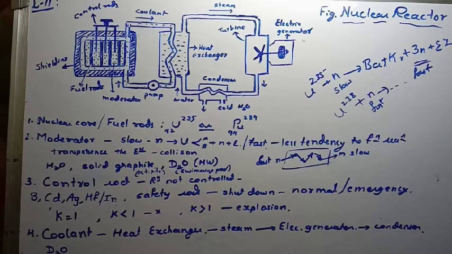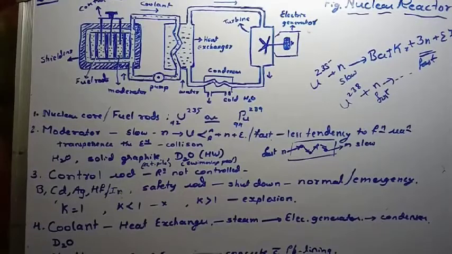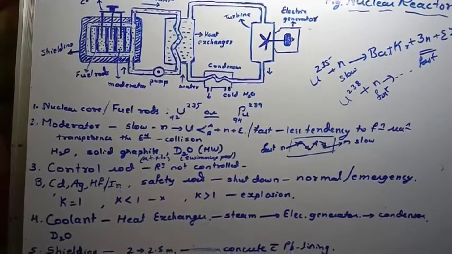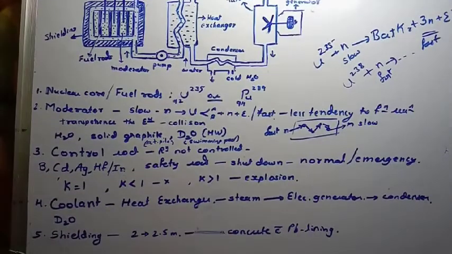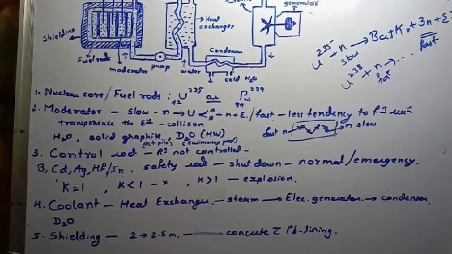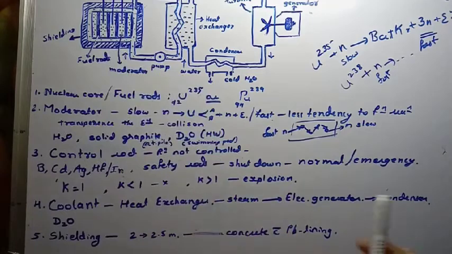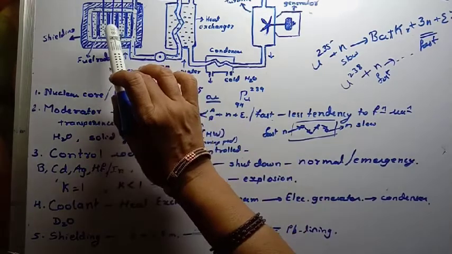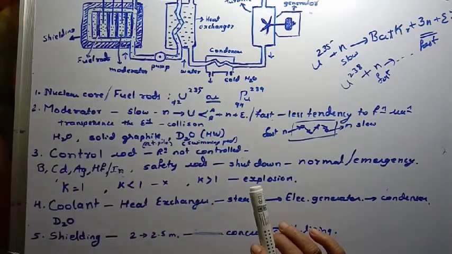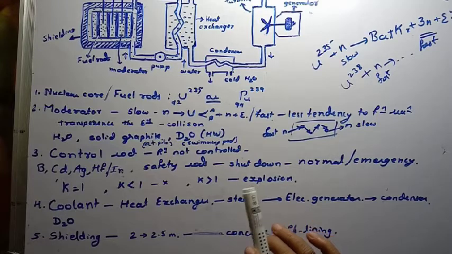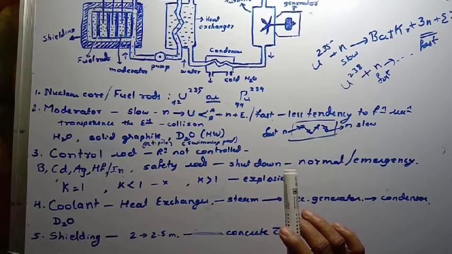Okay, so the last one is very important, it is shielding. Shielding is the one which protects the environment from hazardous radiations. During the nuclear reactions taking place inside the nuclear core, during the fission reactions, a number of hazardous radiations come out.